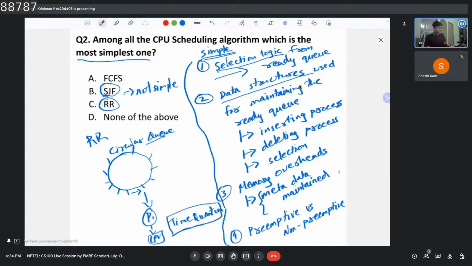What should the time quantum be? Say you take a high value for the time quantum, say 100 milliseconds, and assume that all the processes present in the ready queue have a CPU burst of 50 milliseconds on average. In that case, if you specify a time quantum of 100 milliseconds, this round robin scheduling algorithm transforms itself into a first come first served scheduling algorithm.